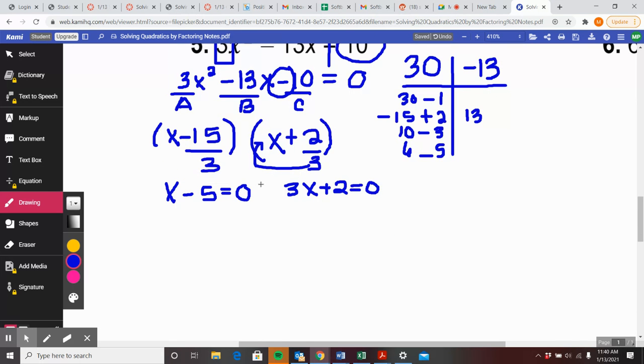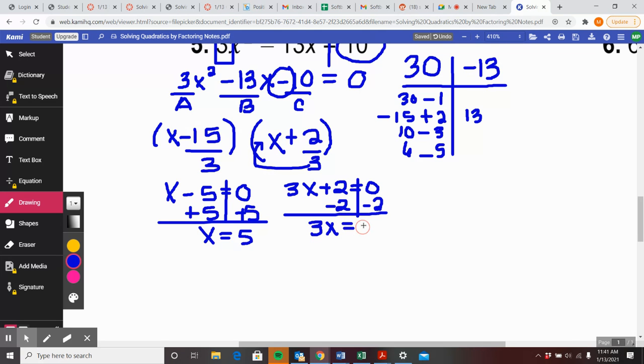And now I solve. Plus 5, plus 5. So x equals 5. And then minus 2, minus 2. 3x equals negative 2. Divided by 3, divided by 3. So x equals negative 2/3.